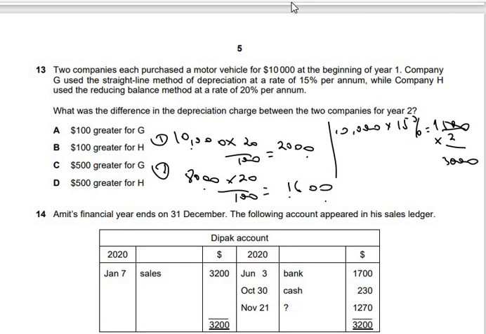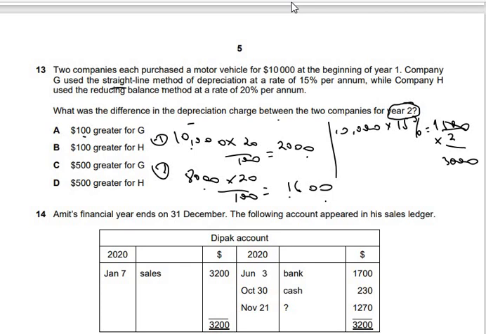Actually, you don't need to multiply by 2 because the question says, what are the difference in the depreciation charge between the two companies in year 2? Right? So in year 2, $1,000 greater for G. No, actually, remember G is the one which has used the straight line method, and the one which has got 1,500.